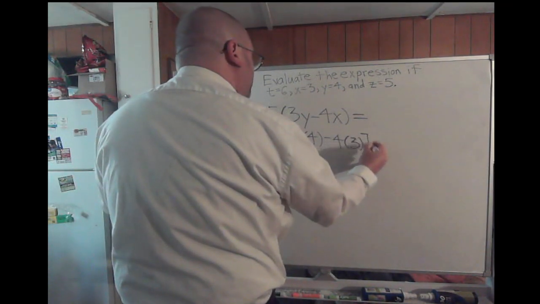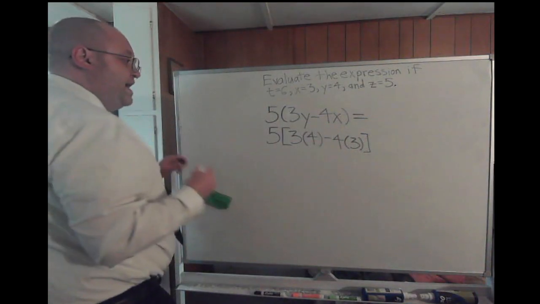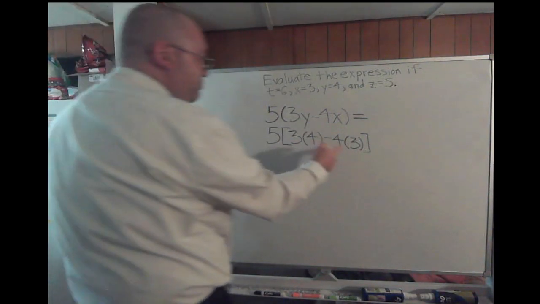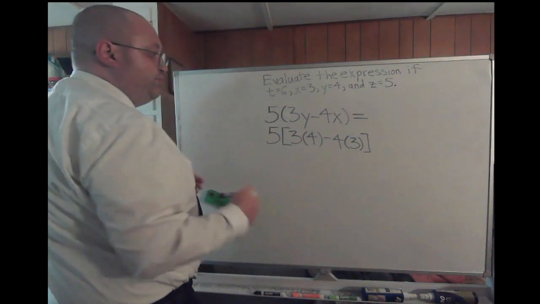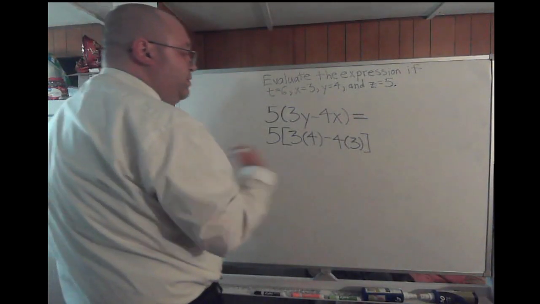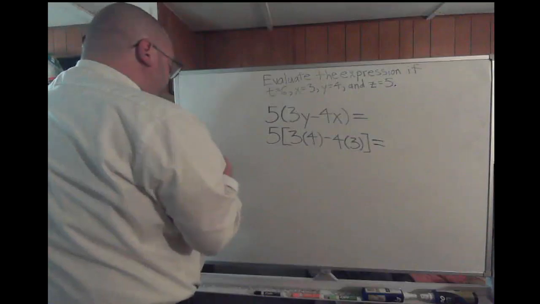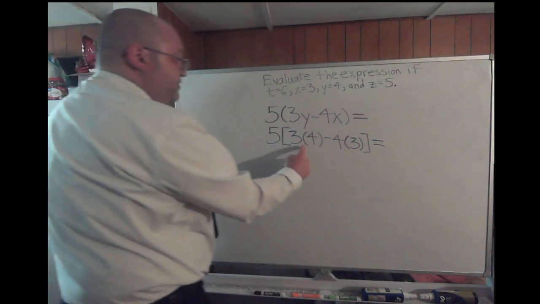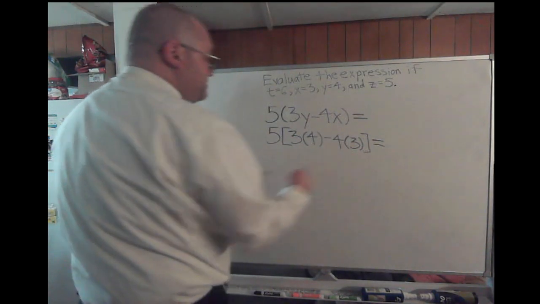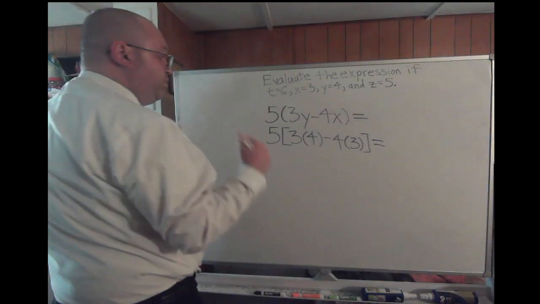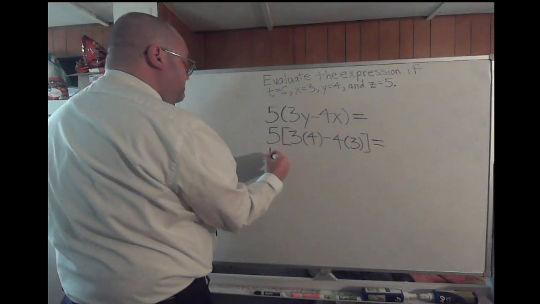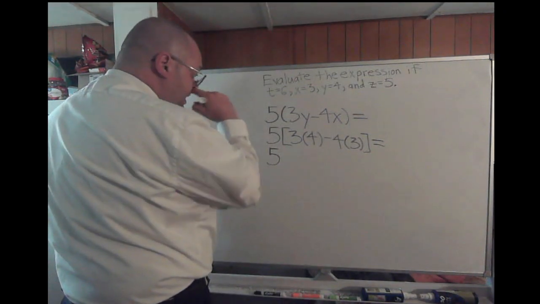You see why I converted the outer parentheses into brackets? Because you're going to have inner parentheses, and if you have parentheses and parentheses, they can get confusing very quickly. So now on the outside, you got 5 times the quantity of 3 times 4 minus 4 times 3. Well, again, order of operations dictates first we do what's inside the brackets.